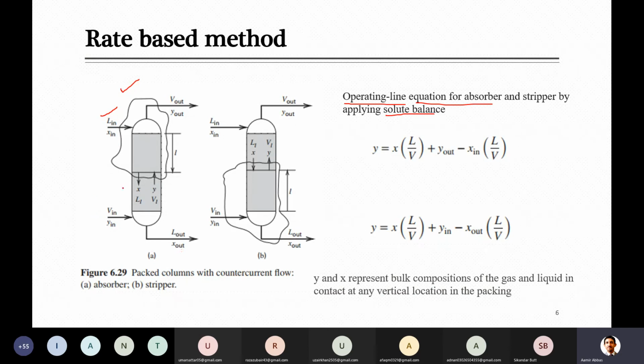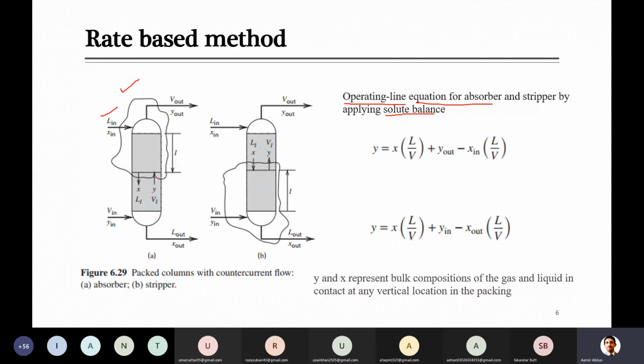Similarly, here two are inlet streams and two are outlet streams, and inside that, because we have not selected the complete tower, we have just selected some portion which is of length L. So here you can see that for this bubble area, the liquid entering has a flow rate of liquid at inlet, and the component we are concerned with has X in, which is entering from here, while when it is leaving from this, then just at that point we say that its composition is X, and the liquid flow rate is just considered as liquid leaving from the tray, or sorry, from the part of length L.